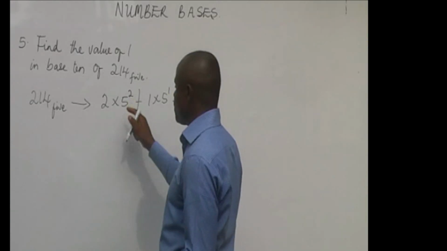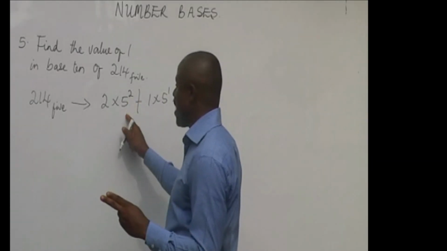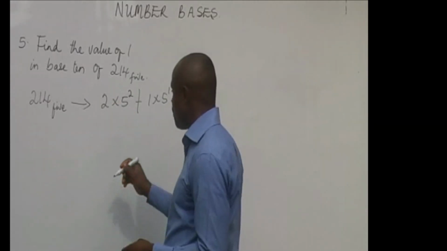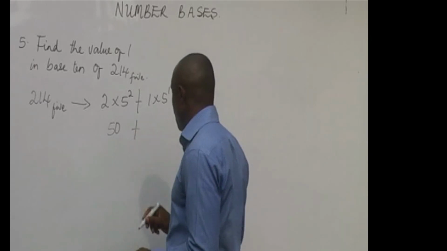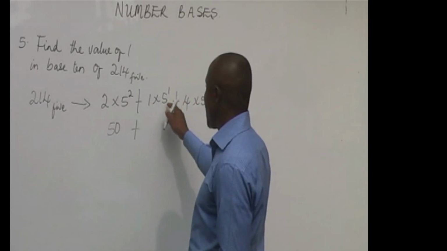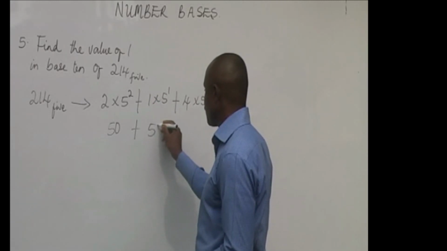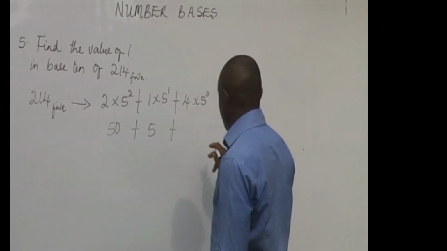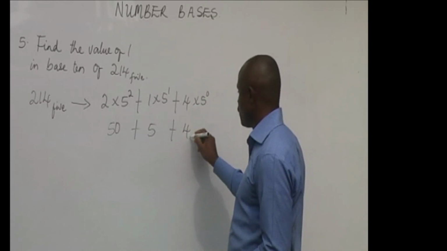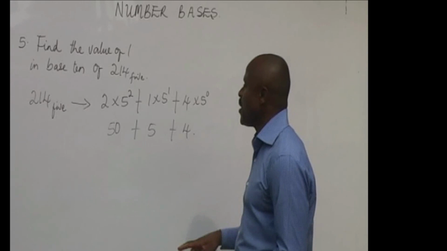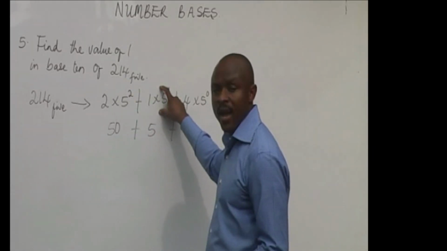5 exponent 2 means 5 times 5, and it will give you 25. 25 times 2 will give you 50. Plus 5 exponent 1 is 5 times 1 will give you 5. Plus 5 exponent 0 is 1 times 4 will give you 4. Now the one the question is asking for falls in here.